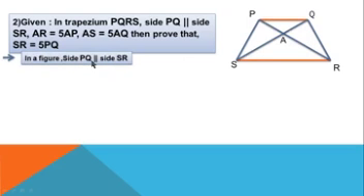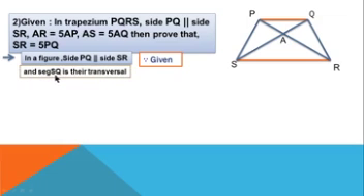In the figure, side PQ is parallel to side SR, that is given. And segment SQ is their transversal.